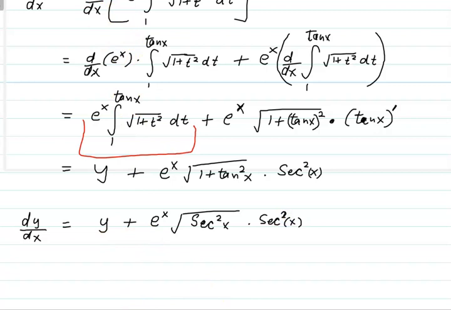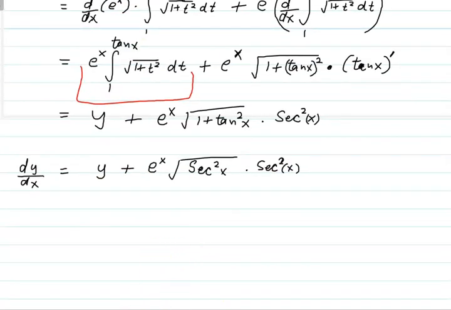And this part can be simplified a little further. The square inside the secant squared can be eliminated with the square root outside.